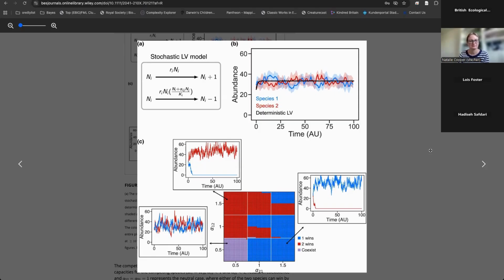That was the random case where you have almost half and half: half the times species one wins and the other half species two. And then it changes symmetrically as you keep one species at the same alpha but increase the alpha of the other, making it much more likely for that species to win. That is the general idea with respect to the alpha parameter in the classic Lotka-Volterra model.